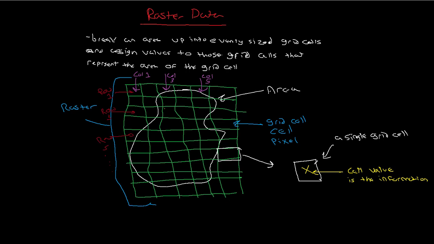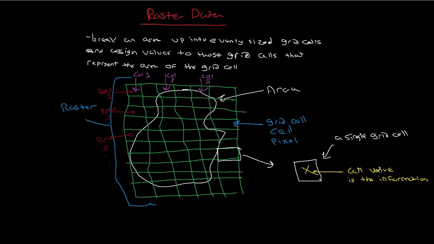And so if we were to say that this grid cell for precipitation had a value of, say, 14 inches, I would be saying that the area underneath here received 14 inches of rain. Okay, so again, cell value is just the information.